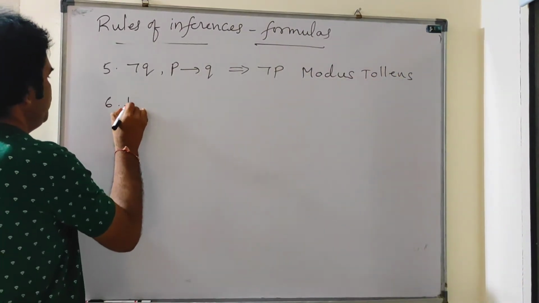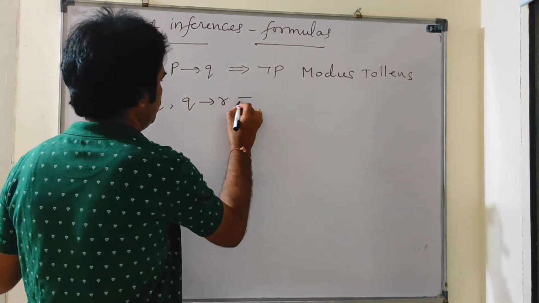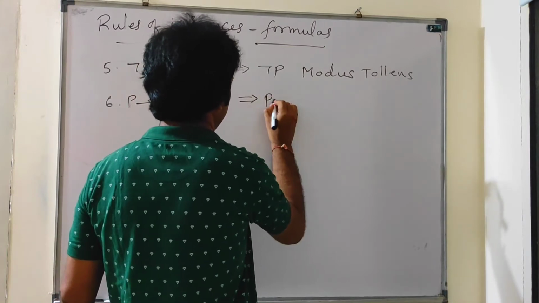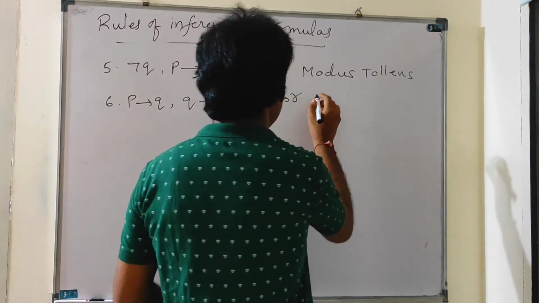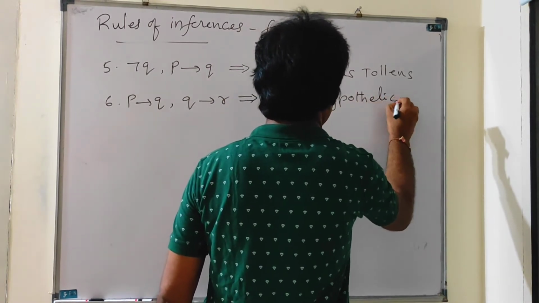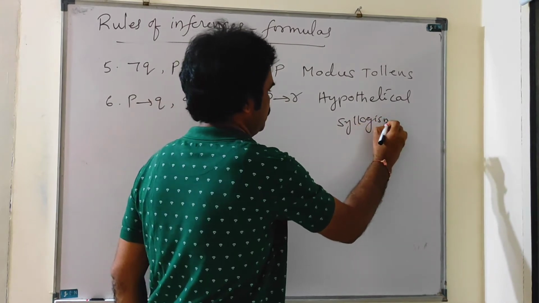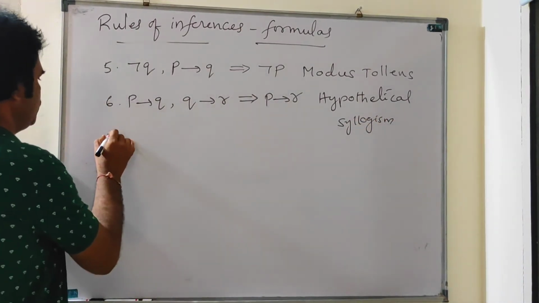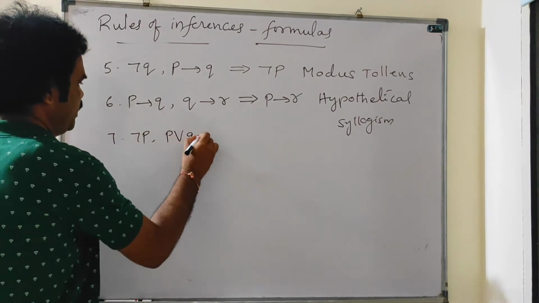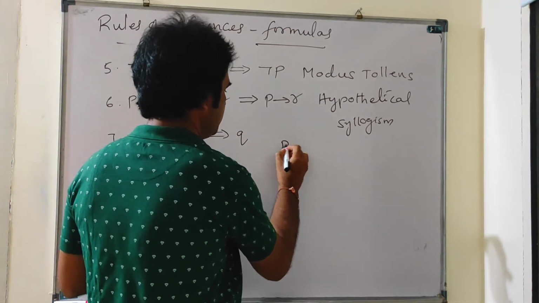Next, P implies Q, Q implies R, imply P implies R. This rule is known as hypothetical syllogism. Next, negation P, P or Q, imply Q. This rule is known as disjunctive syllogism.